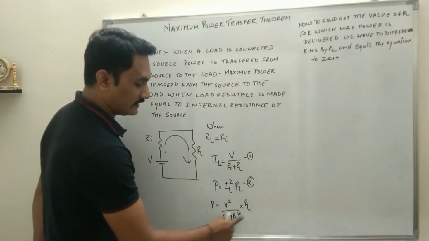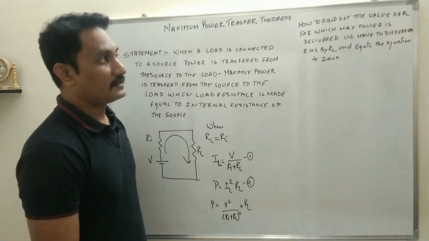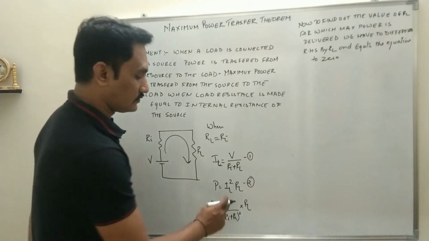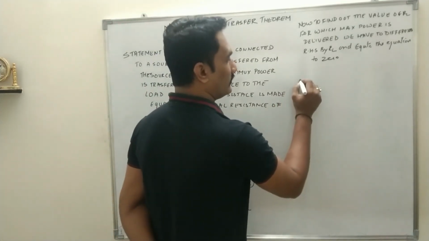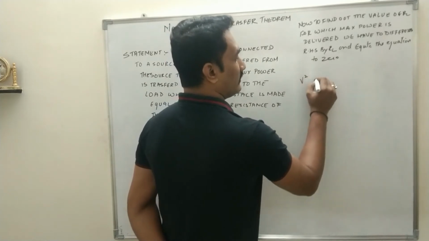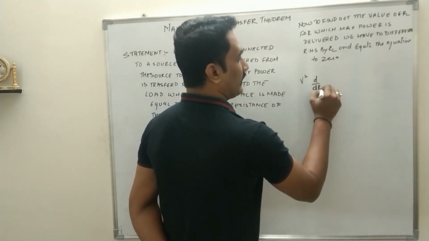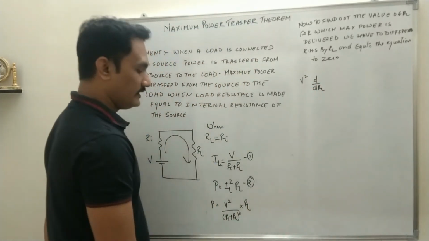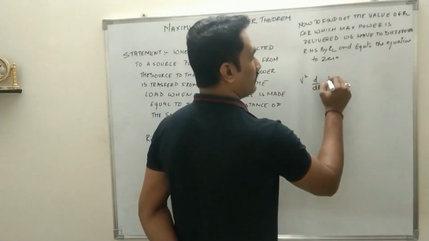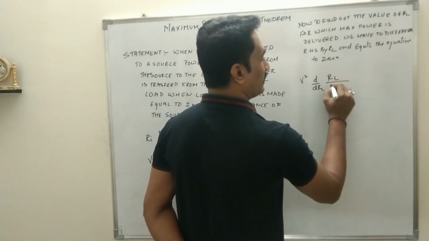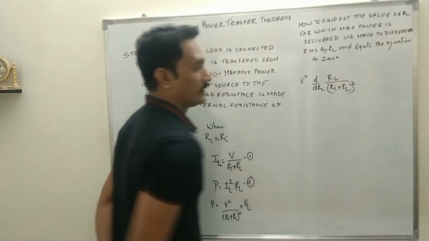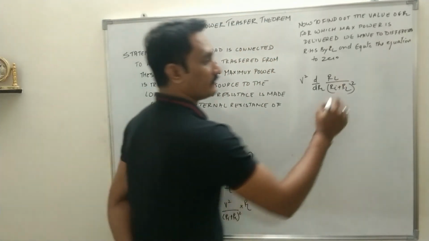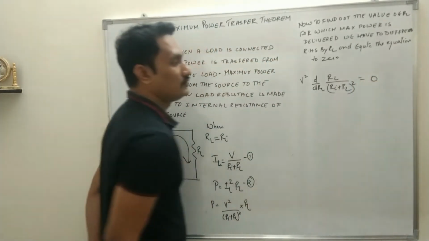Okay, so the right hand side has to be differentiated with respect to RL. And we have to equate that equation equal to 0. So that value will be V square d/dRL of RL upon (Ri plus RL) the whole square. Okay, and this entire equation has to be equated to 0.